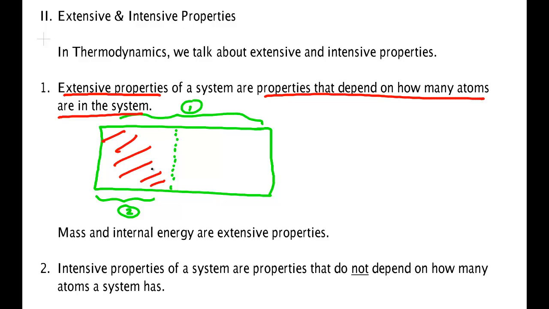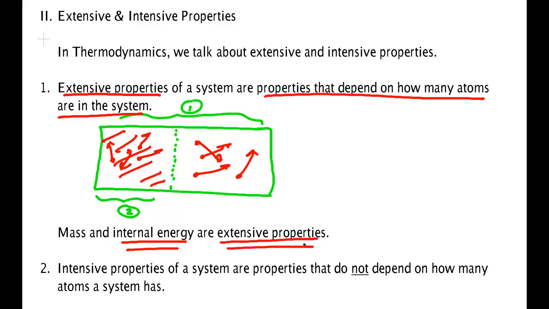If you were counting up the energies that we had before, for instance, you had this particle going here and this particle going there, and that particle going there, but there are particles over here, then if I cut and only consider this part, I'll have less energy than if I took the whole thing. So internal energy is also an extensive property. That is, it depends upon the number of atoms in the system. If you increase the number of atoms of a system, you'll increase the internal energy.